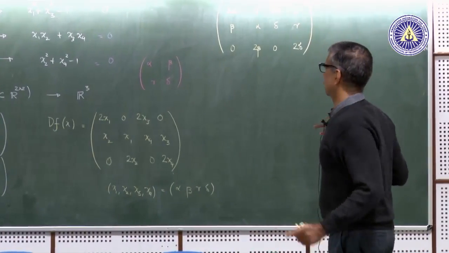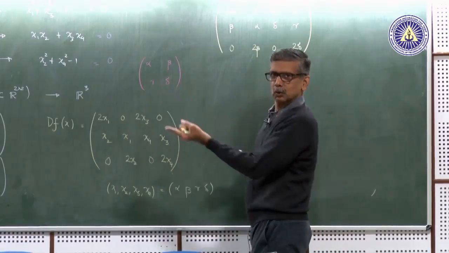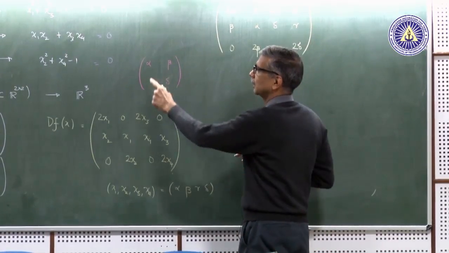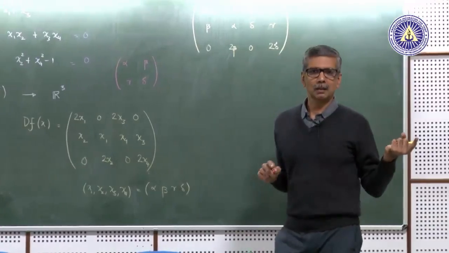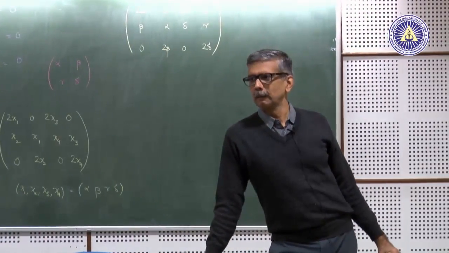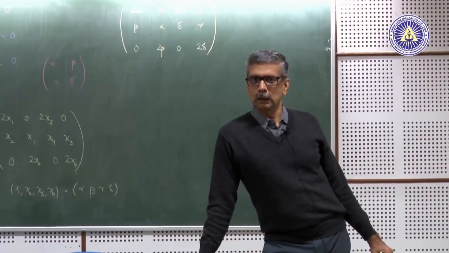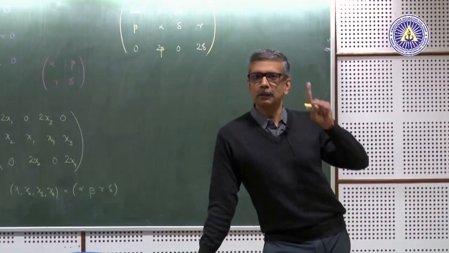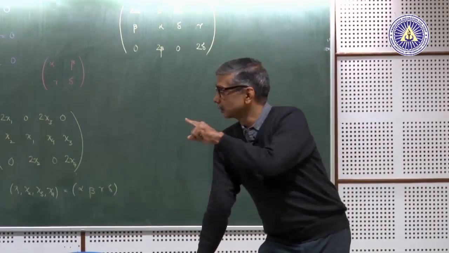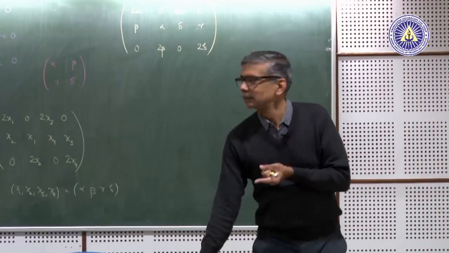Well, if this becomes 0, this becomes 0, it's no longer orthogonal. It's 1, 0, 1, 0 is not allowed, because then the rank of the matrix is 1. A transpose A is no longer identity.